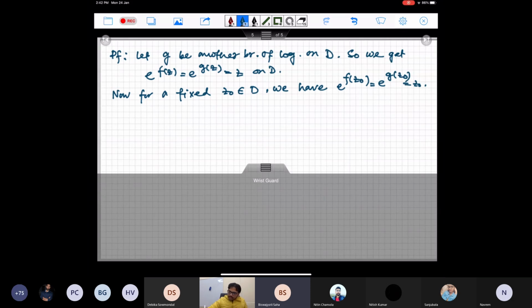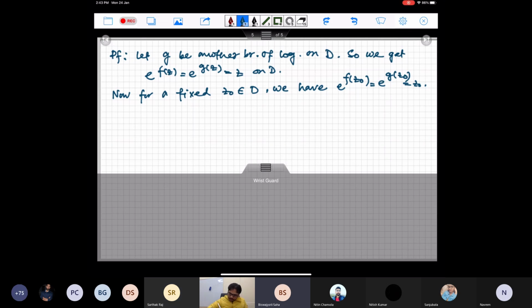So what can I say about f(z_0) and g(z_0)? What do you think? Yes, they differ by a multiple of 2π. Very good.